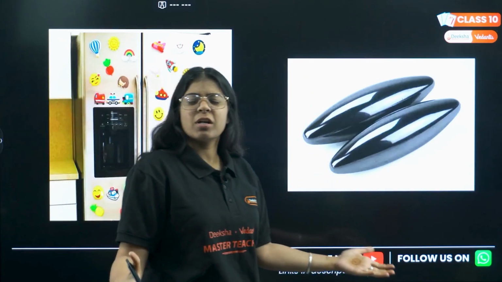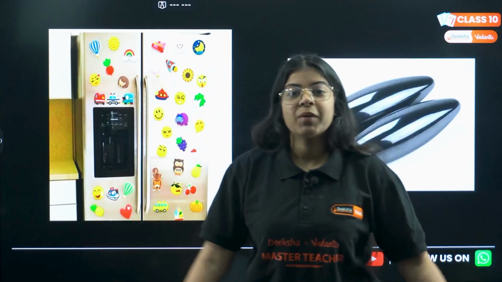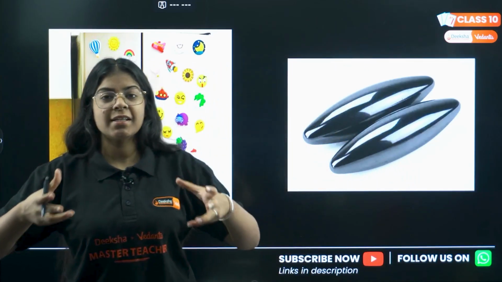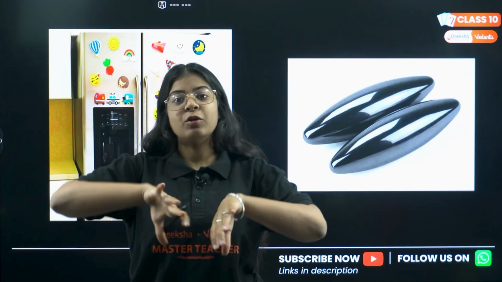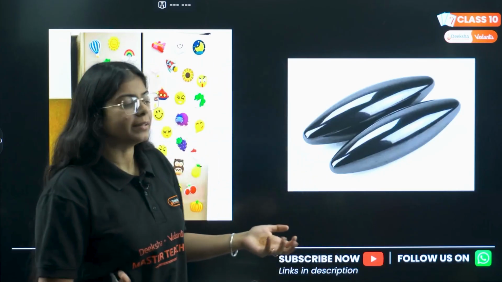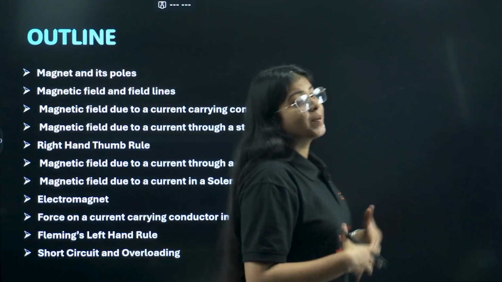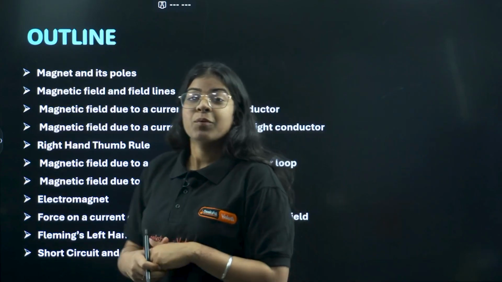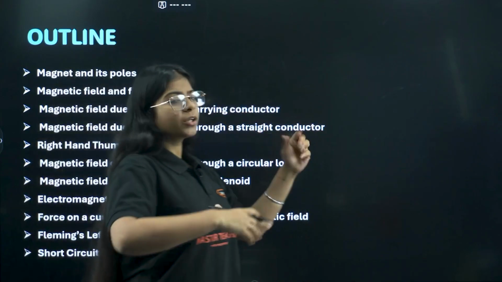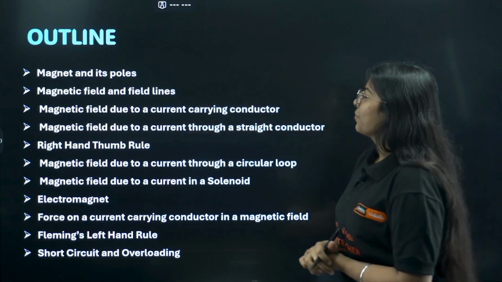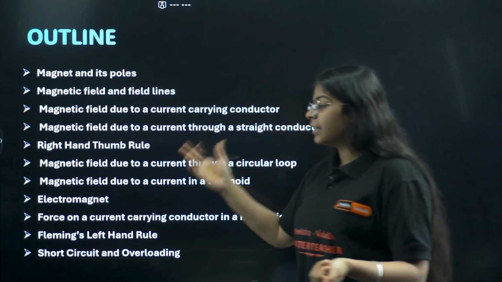Why don't they stick to my wooden door? Why do these magnets, when you place them in a certain direction, repel, but if you reverse them, they start attracting each other? All of this is because of the properties of a magnet that we are going to study today. What we are going to look into is the magnet and its poles, and magnetic field lines.